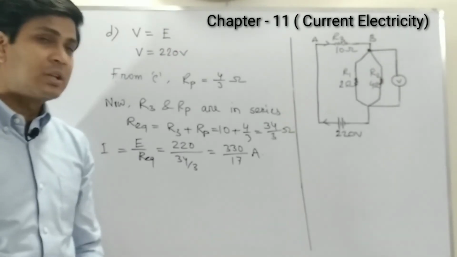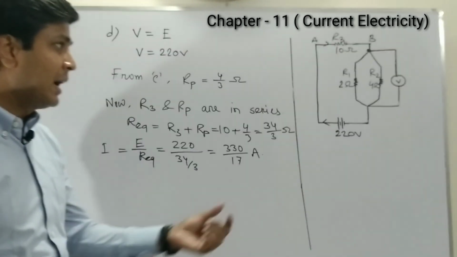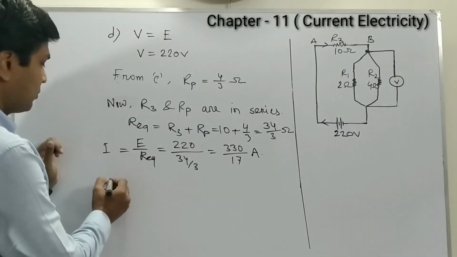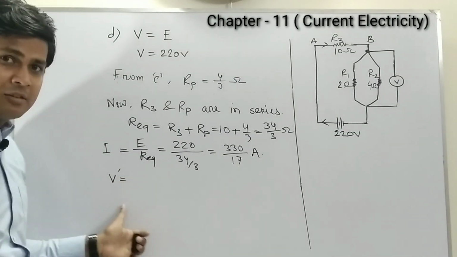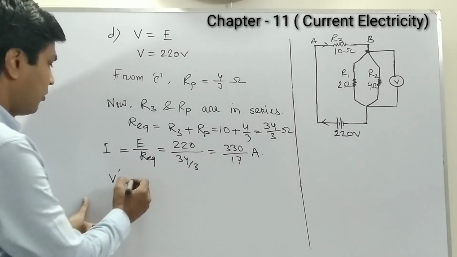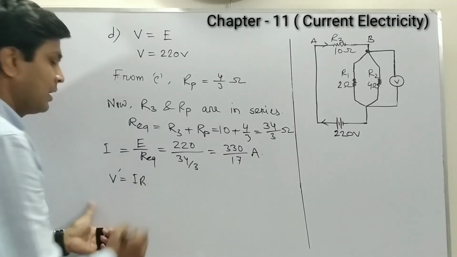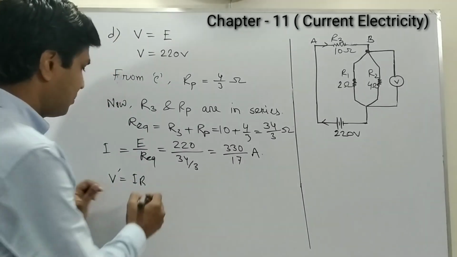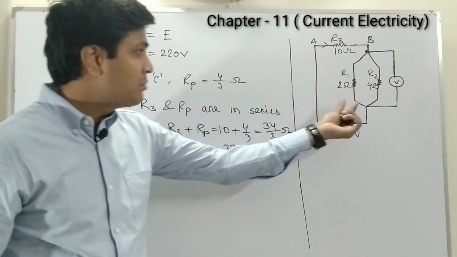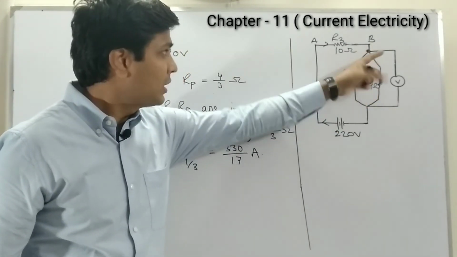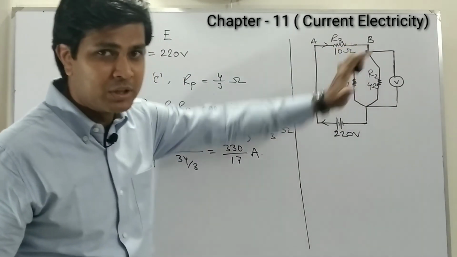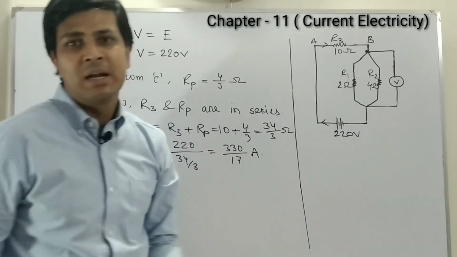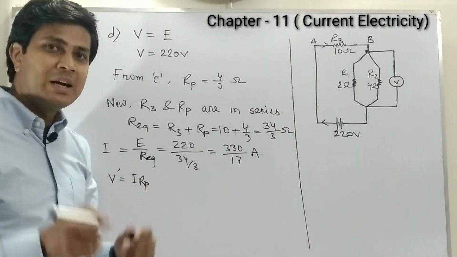Now we can calculate the potential difference across the resistances R1 and R2. So we take the potential difference as V prime. The formula will be IR, and we have to consider Rp because we have to calculate the voltage difference between those two points. In between those two points the current passes through the two resistances R1 and R2, and R1 and R2 are in parallel.